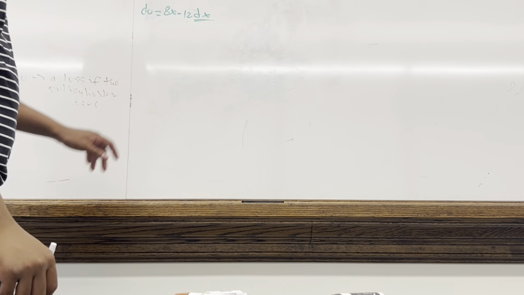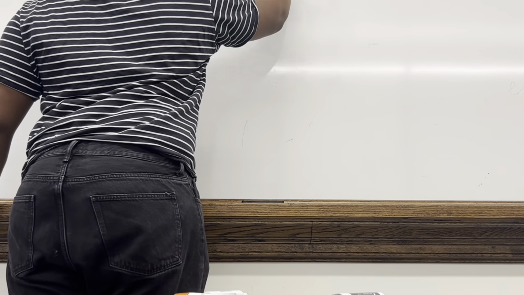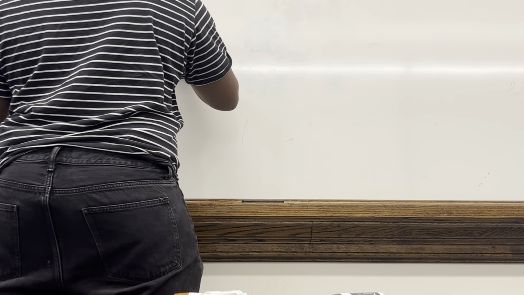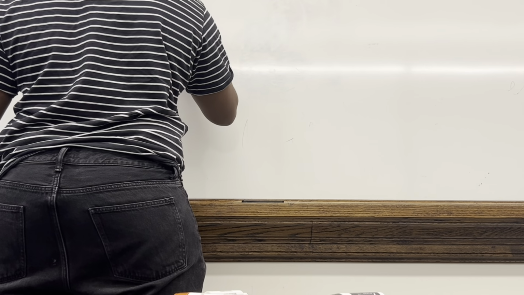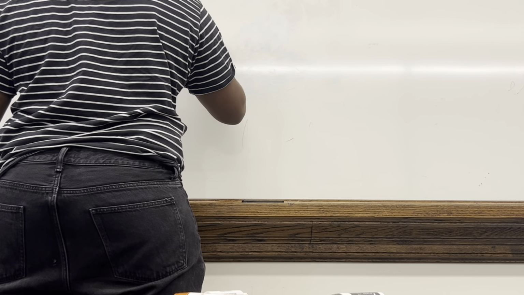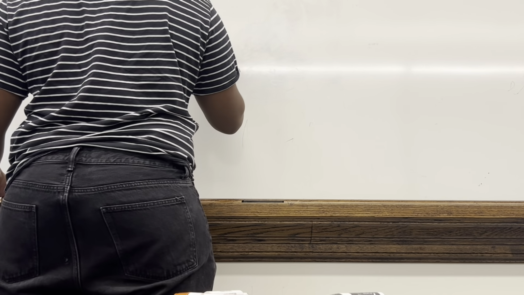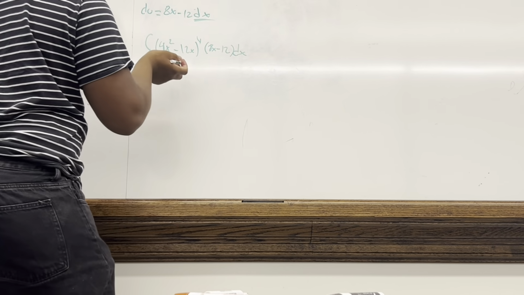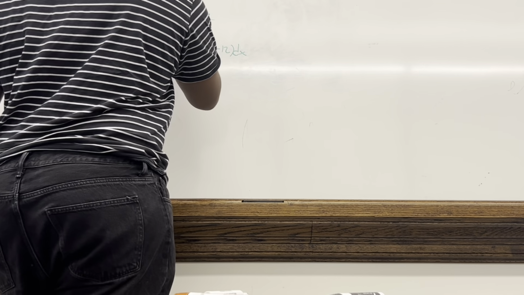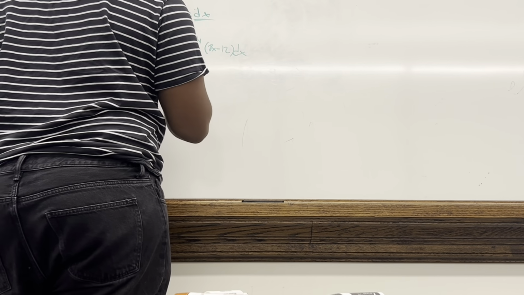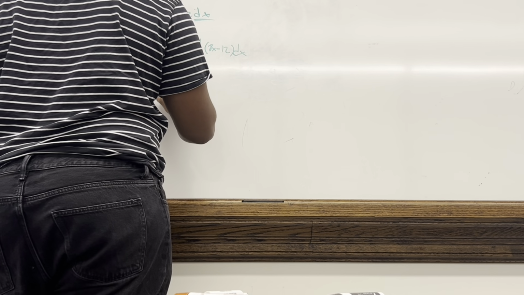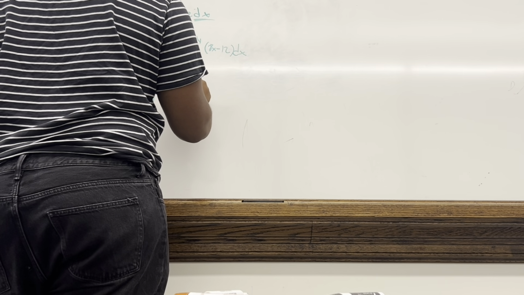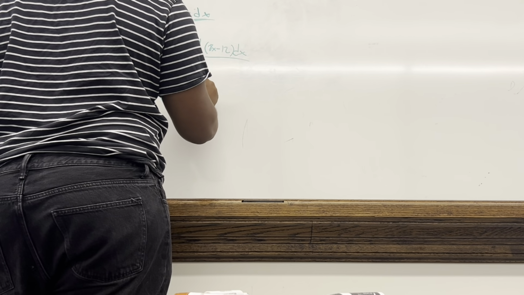If you notice the dx here, if you rearrange this problem, you get 4x squared minus 12x to the power of 4, 8x minus 12 dx, which is the same thing as du. So, what you do with u and du is you substitute them into the equation. So, this just becomes u to the power of 4, and then this just becomes du.